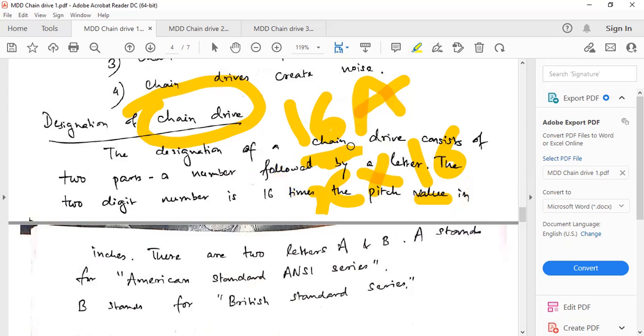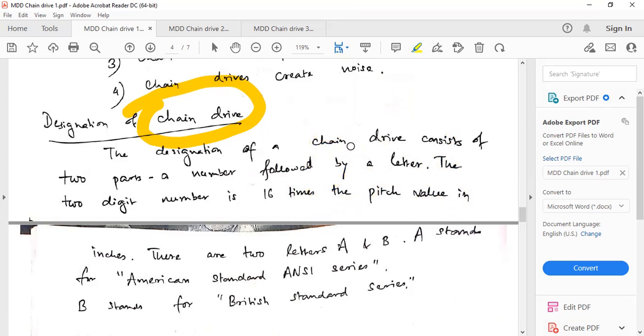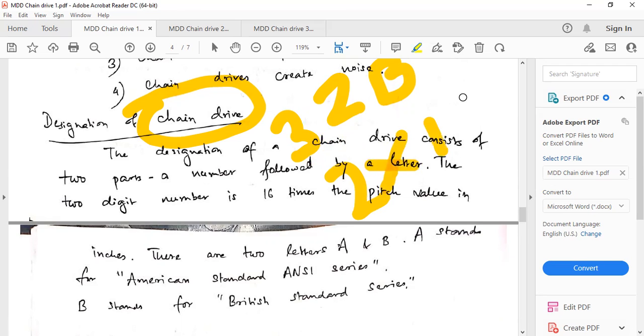What if the number is 32? Suppose this is the chain 32. Then we have multiplied 2 with 16 to get this number 32. So 16 is a fixed number, and we have to multiply something with 16 to get this.